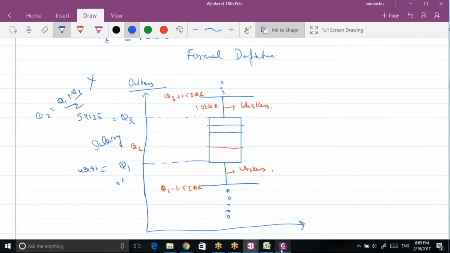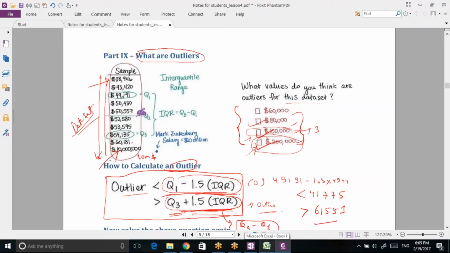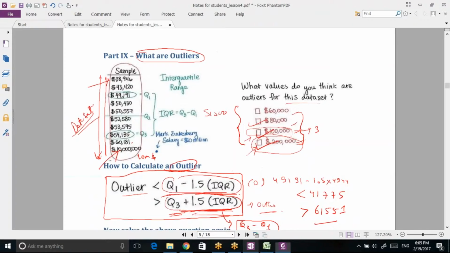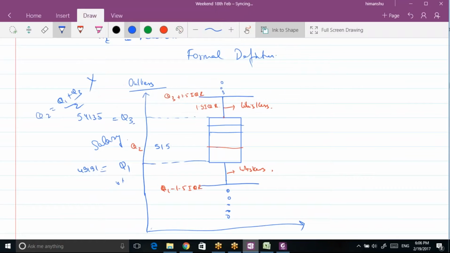And Q2 is the average of these two, which will be somewhere around 51500. It won't be the exact value; in this case it would be a bit lesser than the average, so it would be like here. How much is this? 51500. Okay. So Q2 would be in between Q1 and Q3, but it can be anywhere in between.